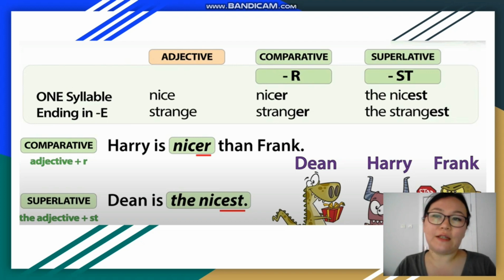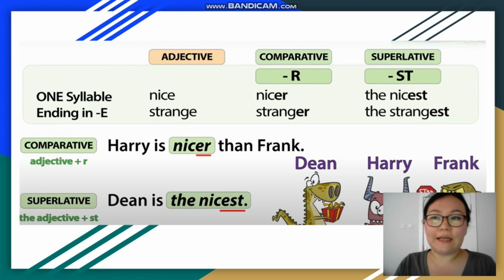The adjective nice becomes nicer and the adjective strange becomes stranger. For the superlative, just add st, so now nice becomes the nicest, and strange becomes the strangest.